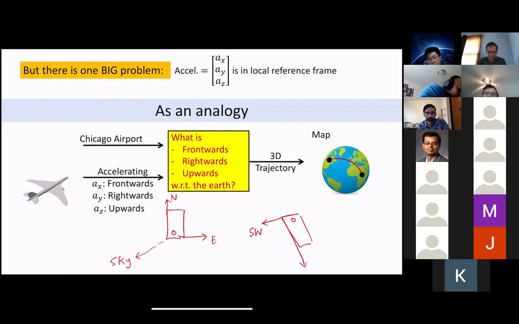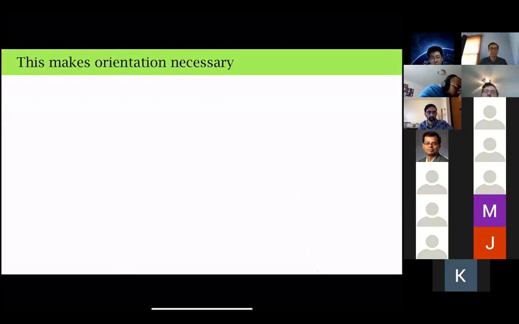The phone's Y is this, which is some southeast. And the phone's Z is still sky. If you do not know how the phone is oriented, you have no way of figuring out which way the user is moving. Make sense? Very good. This makes orientation necessary.